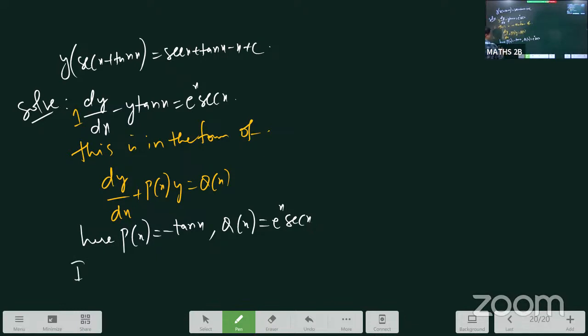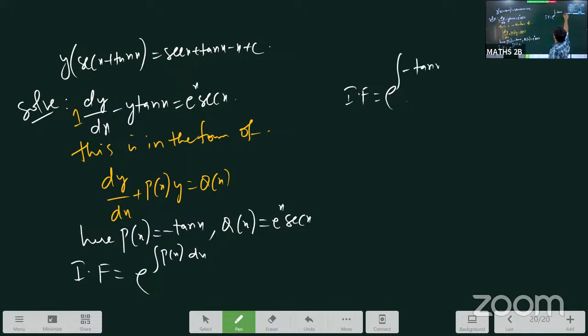So integrating factor once again: e to the power integration of p of x dx. So your integrating factor is e to the power integration of minus tan x dx. E to the power minus, outside, integration of tan x is log mod secant x, correct? That is e to the power log of secant x, whole inverse.